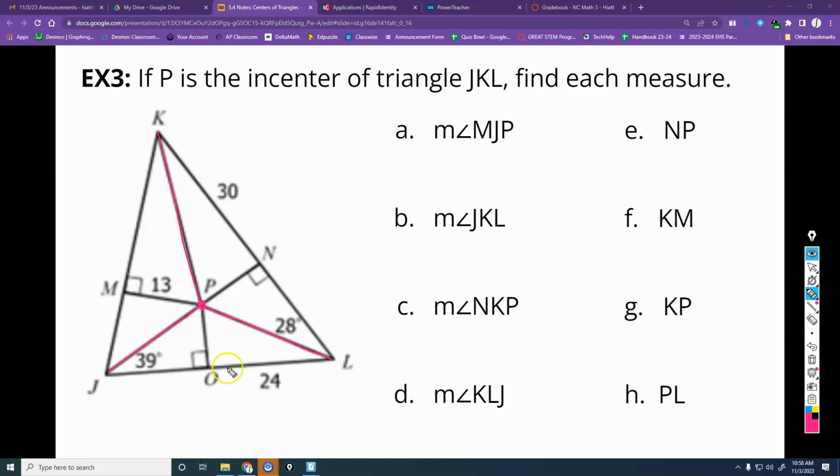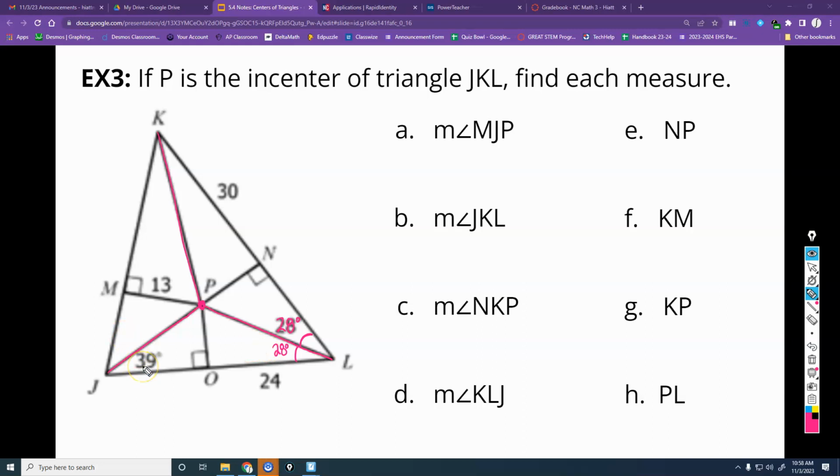So if that is an angle bisector, and this is 28, what is the measure of angle PLO? What's this angle right here? The angle right here is 28 degrees, because these two angles are 28 degrees, and this is also 28 degrees, because the angle bisectors cut those angles in half.